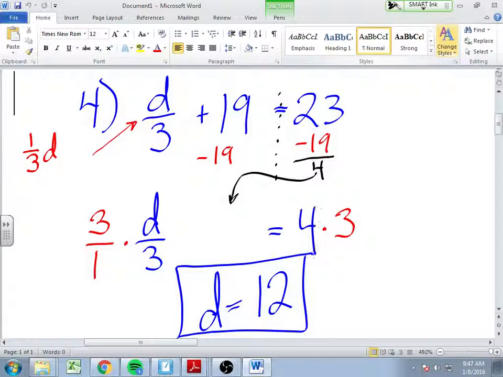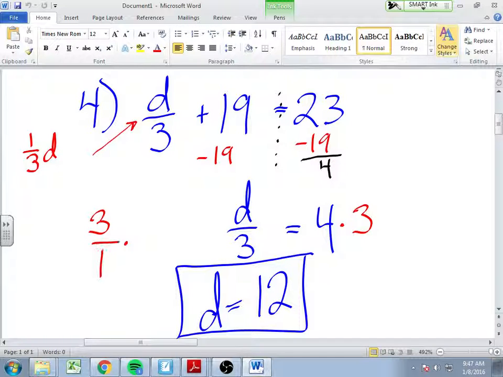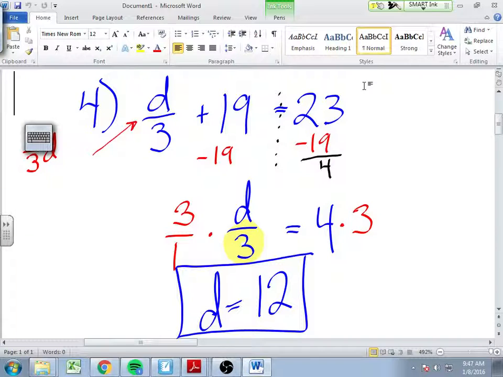Really, this should be more over here. Okay, so you just took the 3 and multiplied by 4, right? Because we saw division by 3 right here, that's what told me to multiply by 3. Because we asked what happened to d. Well, d was divided by 3. How do we undo it? We multiply.